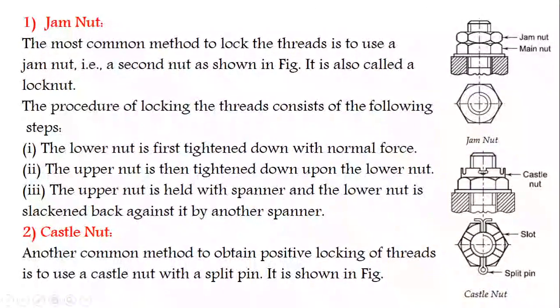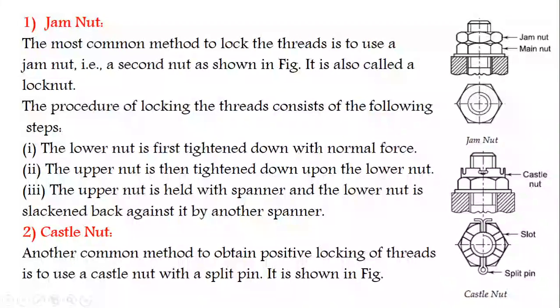The third one is the upper nut is held with a spanner and the lower nut is slacked back against it with another spanner. The tightening of the lower nut against the surface of the upper nut creates additional friction at the contacting interfaces.